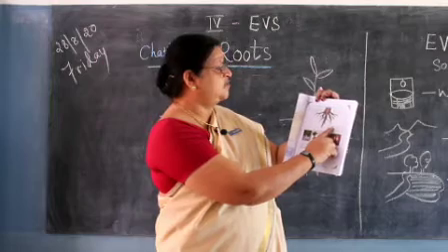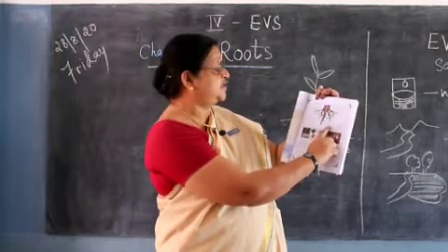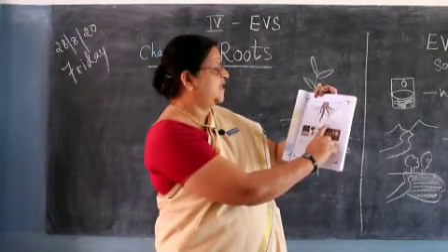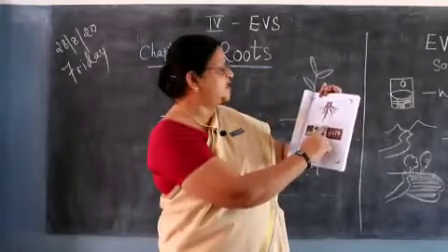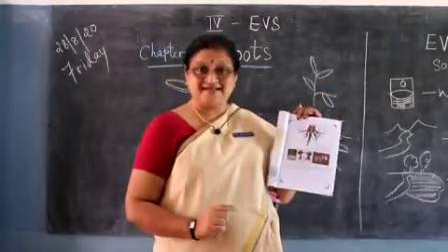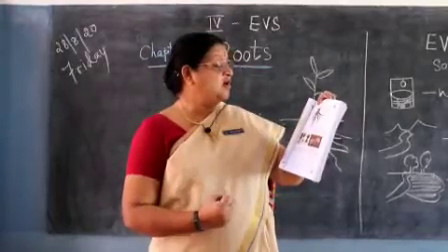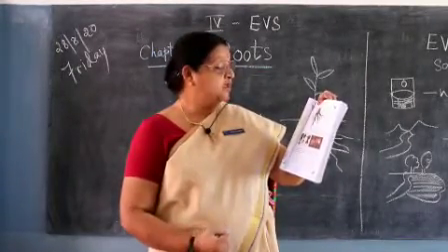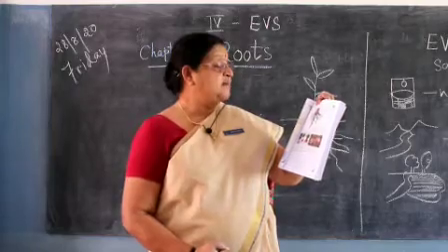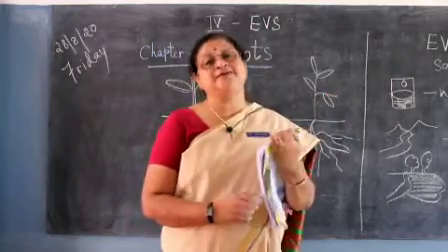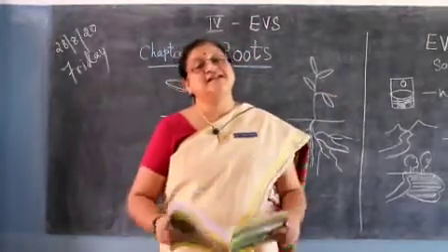Roots absorb water and nutrition from the soil and supply them to the other parts of the plant. So the function is: it absorbs water and nutrition from the soil and supplies them to the other parts of the plant.